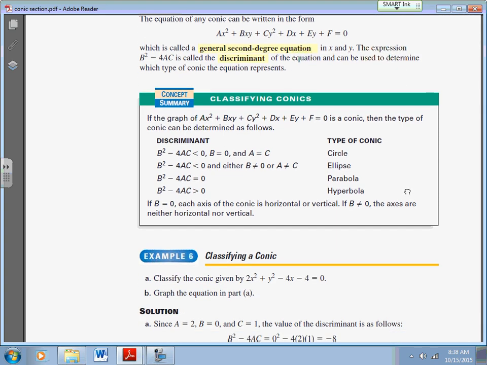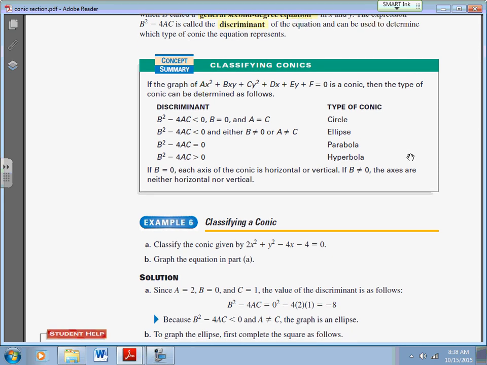Okay? All right, now this is something that is very important. Put a star here in your notes on this: classifying by the discriminant. However the graph is laid out, if b squared minus 4ac is less than 0, b is equal to 0 and a is equal to c, that means we are looking at a circle.